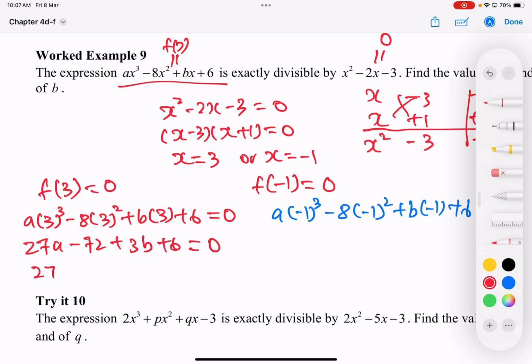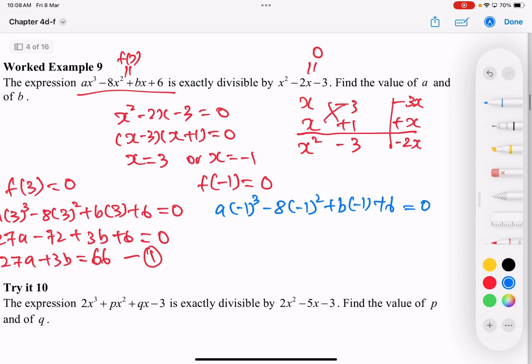I keep the a's and b's on one side. 27a plus 3b is equal to negative 72 plus 6, which gives negative 66. I bring it over, I get positive 66. Hmm, wait: this is my equation 1. Now let's look at the other one. Negative 1 cubed still gives me negative a.